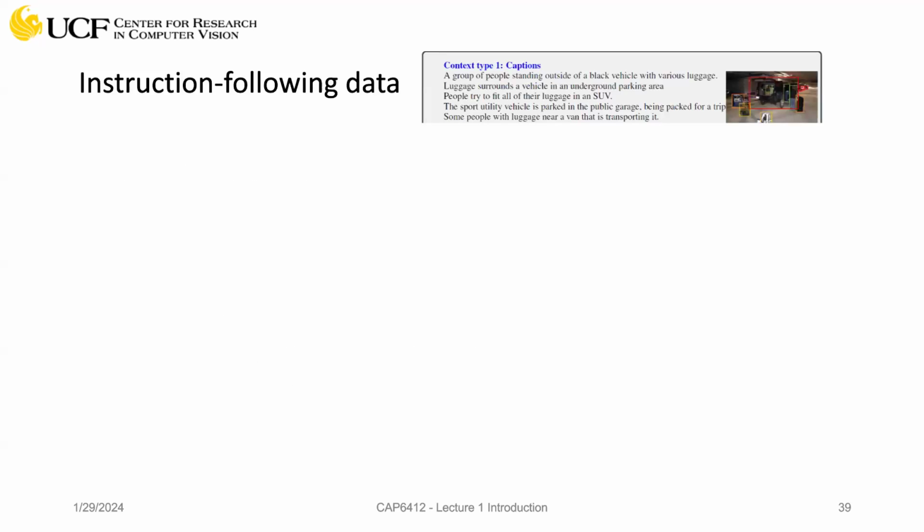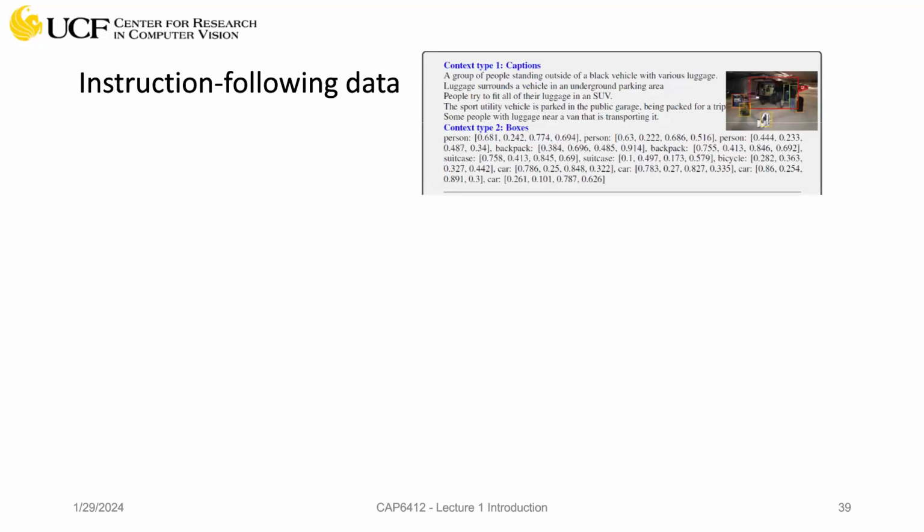Okay, so here's an example. This is an image and this is a caption for this image, which they got from the COCO data set. Also, they applied object detection on this image, and they got these bounding boxes. What are the objects? What are the bounding boxes? These are the contexts, right?